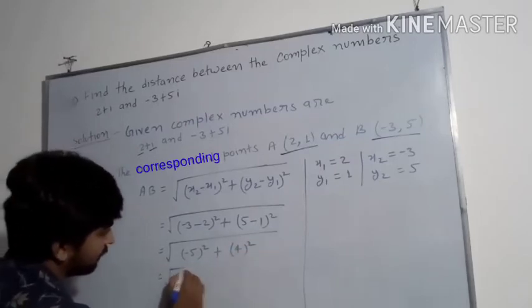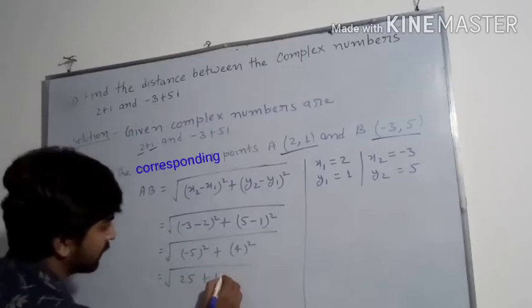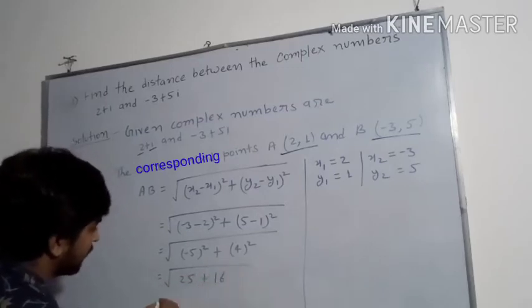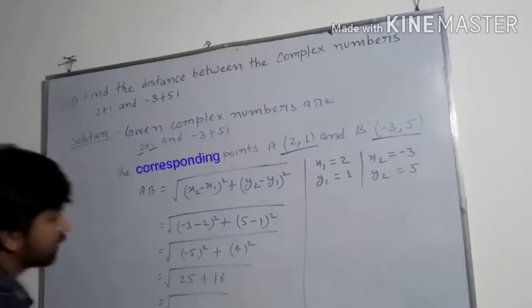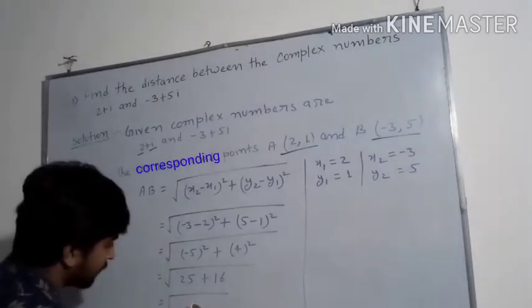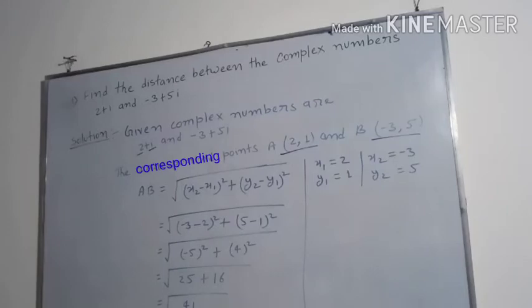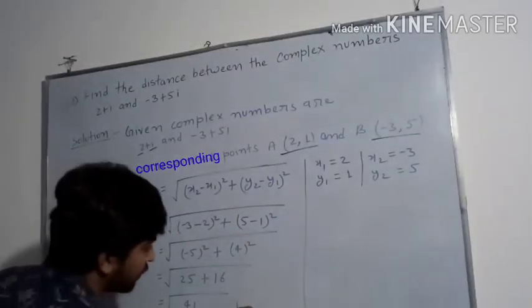The square of minus 5 equals 25 and the square of 4 is 16, and this will give under root 25 plus 16 equals 41. So the distance between points A and B is under root 41 unit.